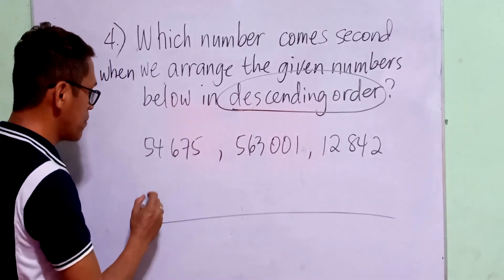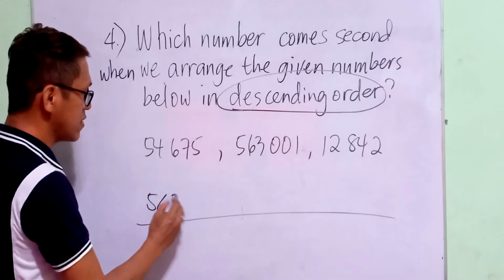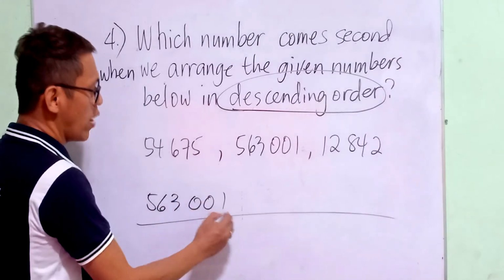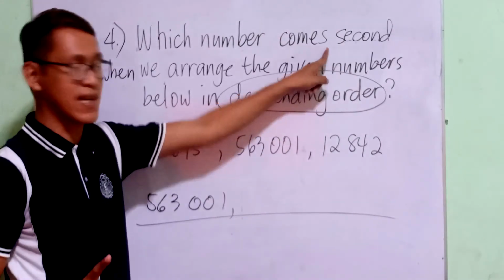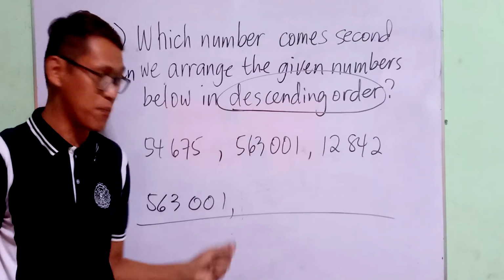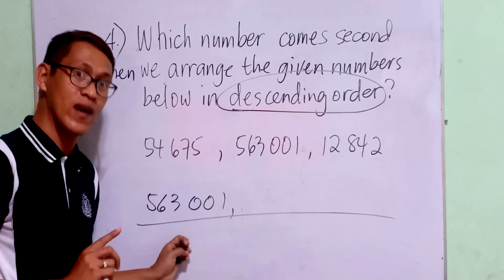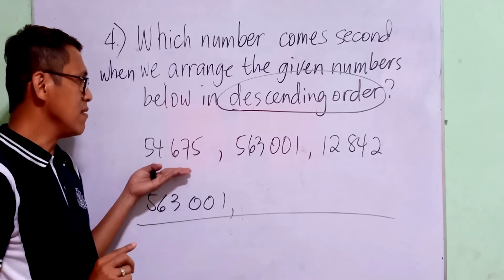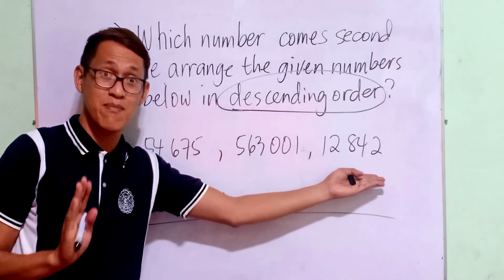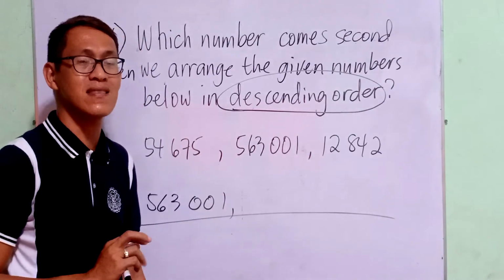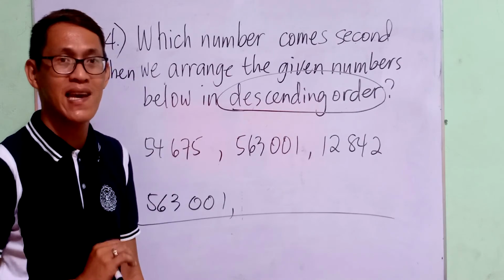So the biggest number here is 563,001. But we are looking for the number that comes second. So what is the next number after this? And that will be our answer. Again, these 2 numbers have the same number of digits. That means compare the digits in the highest place value.